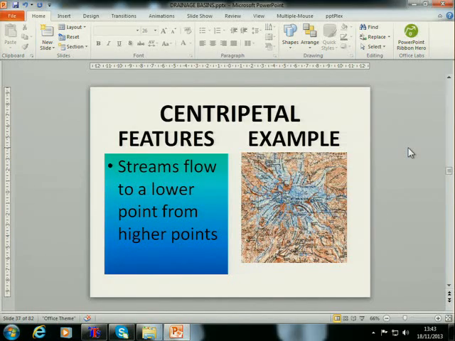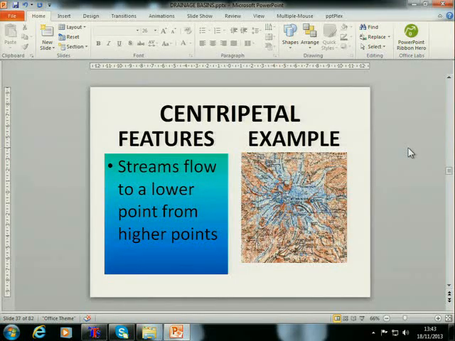The next one is the centripetal pattern. That is just the opposite of the radial pattern. The feature of this pattern is that it flows to a lower point from higher points on the outside. Look at the sketch. That was taken from a real topographical map. If you look on the outside and you look very carefully, you will see that those contours are very close to each other.